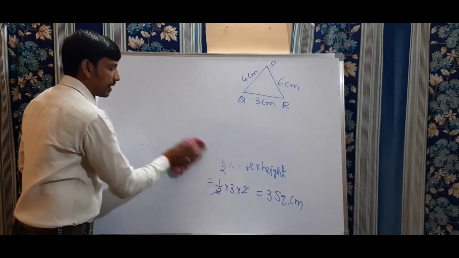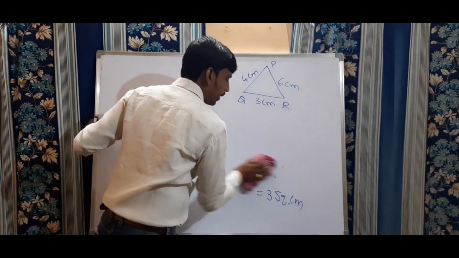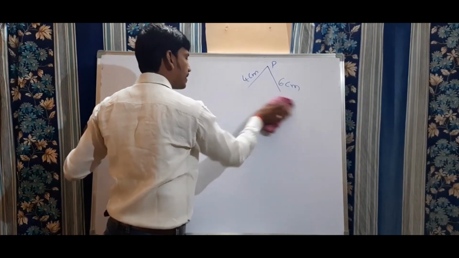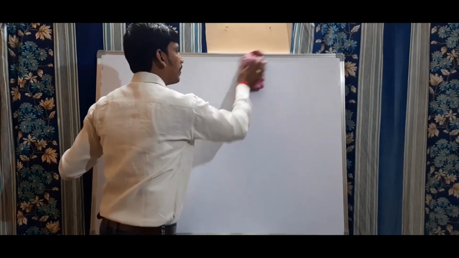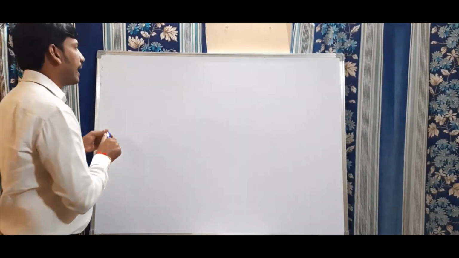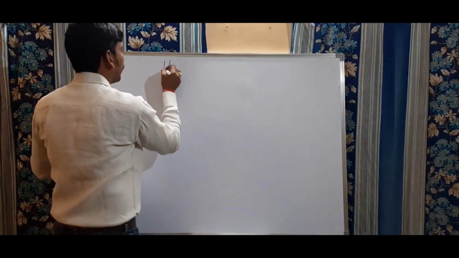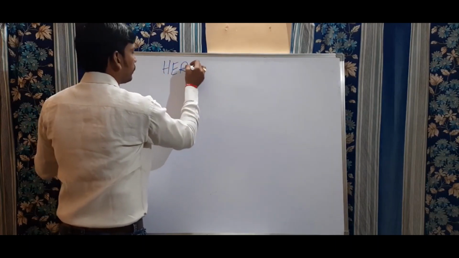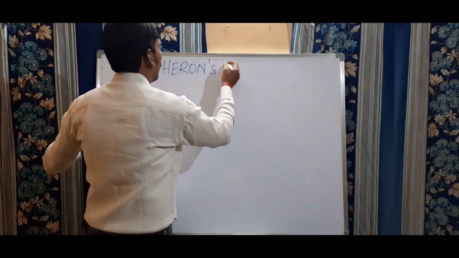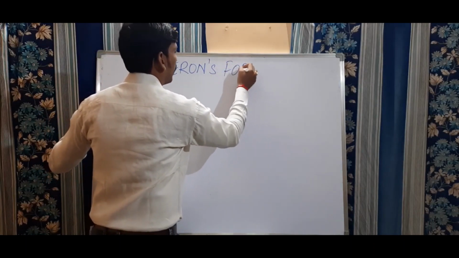When sides are given, he invented one formula, that is nothing but Heron's formula. Today our topic is Heron's formula. Heron is an Egyptian mathematician. Heron's formula.